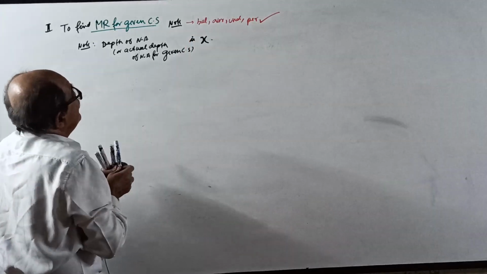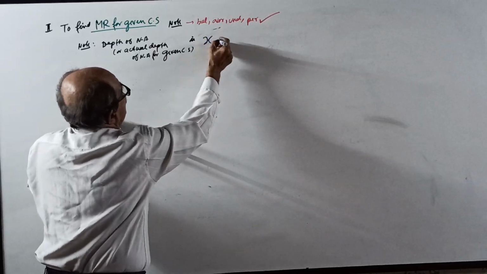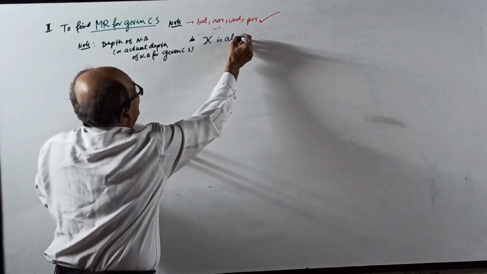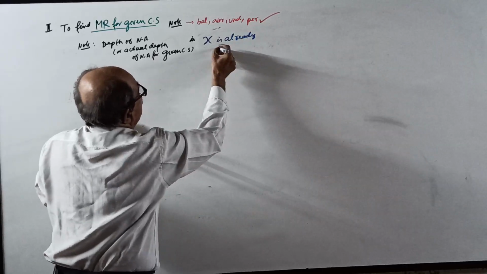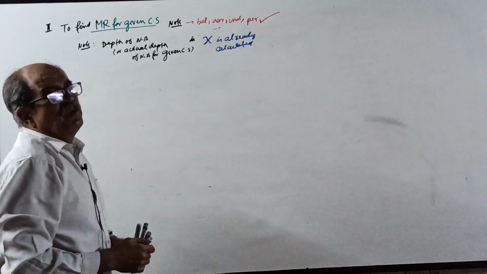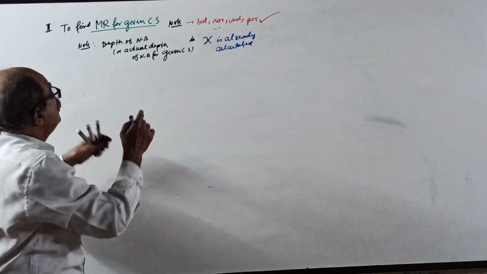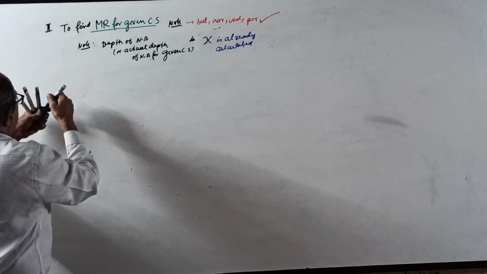It is already calculated, in blue color. I told you, irrespective of Roman 1 or Roman 2, stress calculation or MR, x is already calculated. Now x is over. Now the next step.